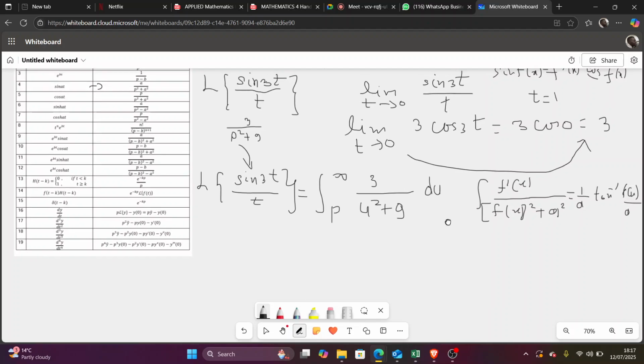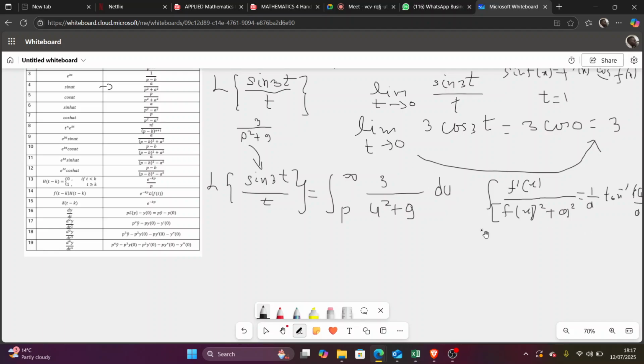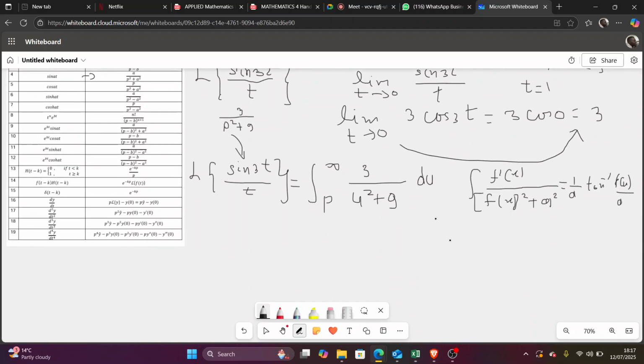So how do we solve for this integration? Remember, the limit is infinity and p. You can just identify. In this case, we have u square, which is basically our f of x square. If you differentiate u, it gives you what?